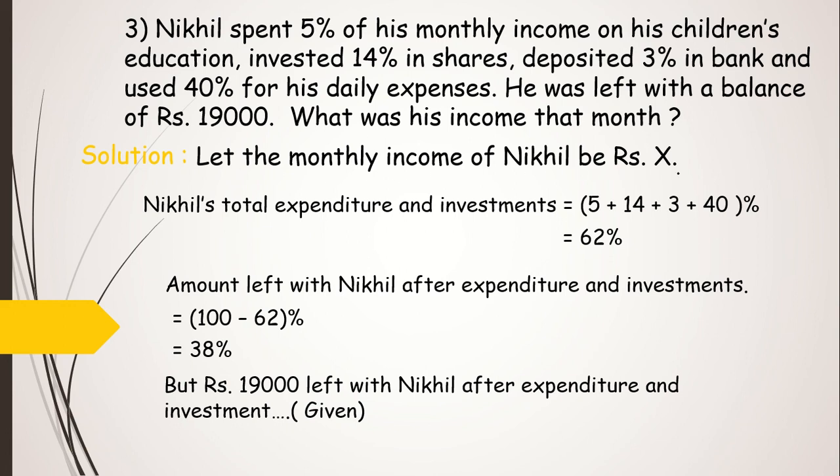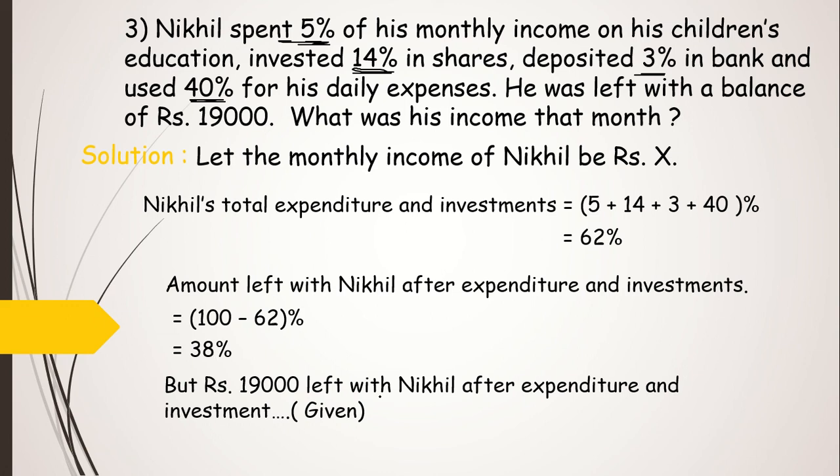His monthly income, we assume it to be X. Then we calculate his total expenditure. His total expenditure, see how much: 5%, 14%, plus 3%, plus 40%. Together it comes out to be 62%. So his total expenditure and investments are 62%. So the amount left with Nikhil after expenditure and investments is 100 minus 62, that is 38%.